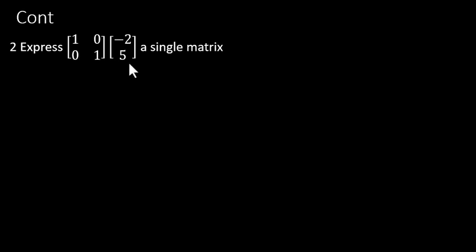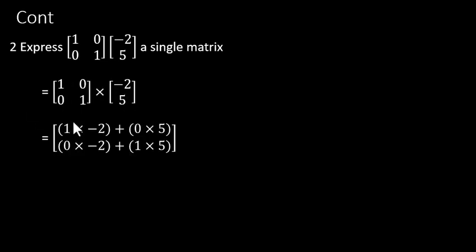We work this out by multiplying the first row by the column, then the second row by the column. We have 1 multiplied by negative 2 plus 0 multiplied by 5 as our upper part, then 0 multiplied by negative 2 plus 1 multiplied by 5.